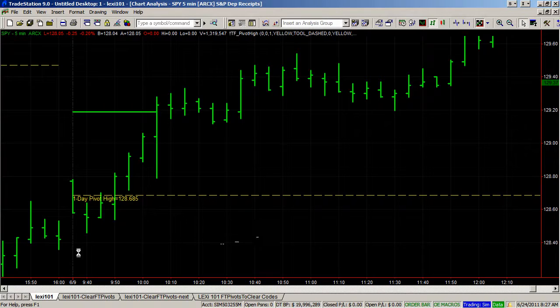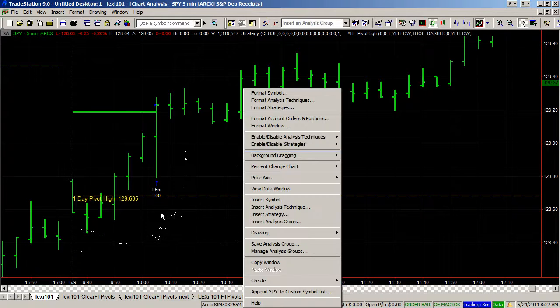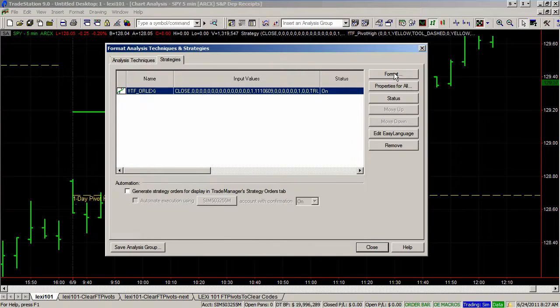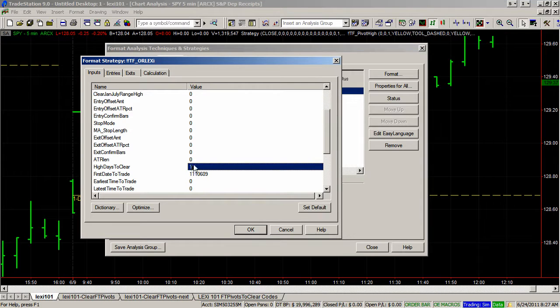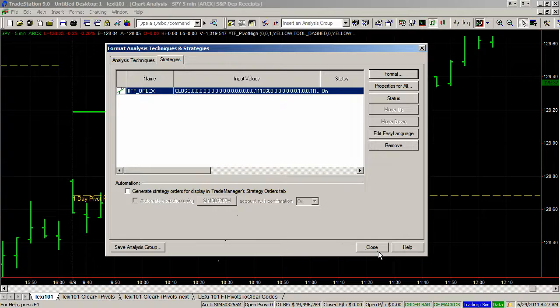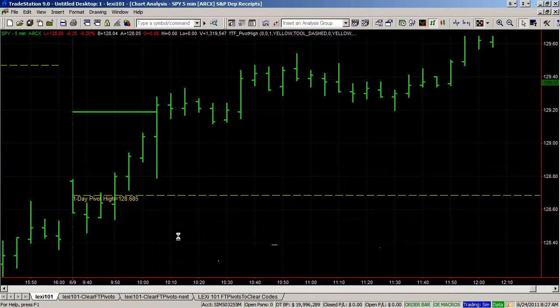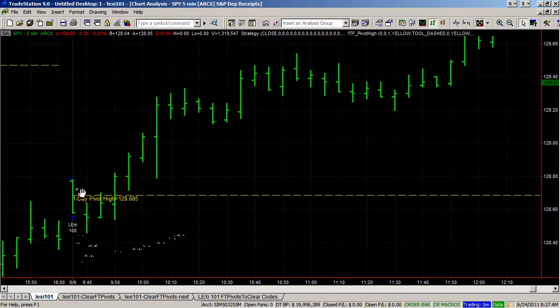And when I do that, I can get in as soon as I get a bar above the 1-day pivot high. Let me just check to see if I did not turn high days to clear off. And when we do that, you see that we can get in on the first bar above the 1-day pivot.